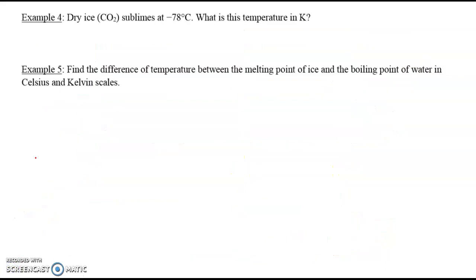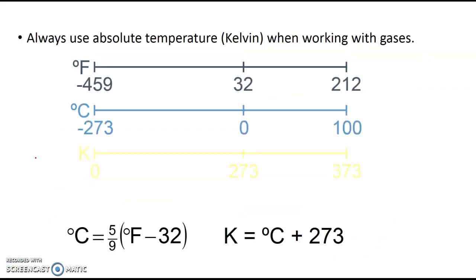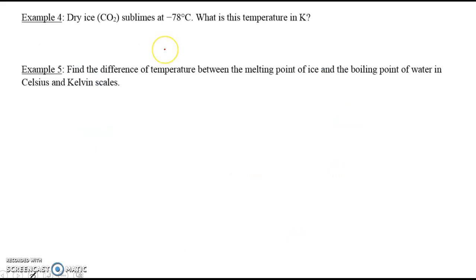Just to look at some examples, if you were given a Celsius temperature, like negative 78 degrees Celsius, and you're asked to convert it to Kelvin, you'd simply take that Celsius and add 273 to it. Because it's a negative number, you get 195, a smaller number than 273.